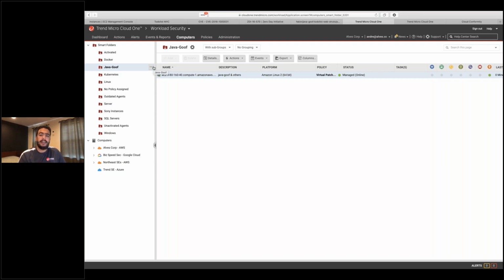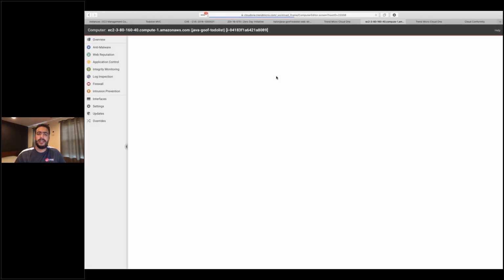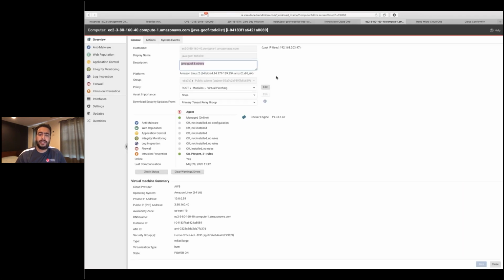So I see that I have a workload here. It is an Amazon EC2 instance that is providing this application. I'm seeing that this application is being provided in a containerized fashion. So it is good to know that workload security can protect EC2 instances and containers running on top of EC2 instances or containers running on top of container services like EKS.